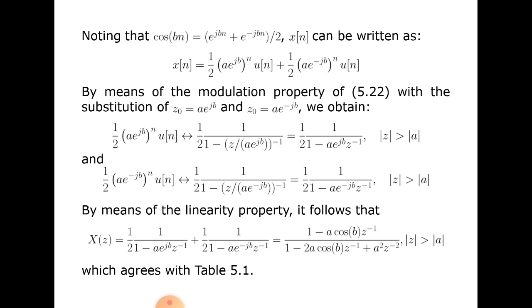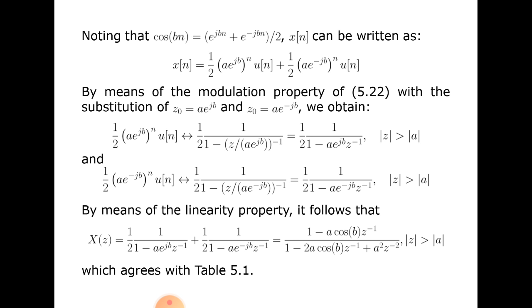By means of the modulation property, with the substitution of z naught equal to a into e power j beta and z naught equal to a into e power minus j beta, we obtain 1 divided by 2 into a e power j beta, the whole power n, into u of n lies between 1 divided by 2 into 1 minus a e power j beta into z power minus 1, where modulus of z is greater than modulus of a.